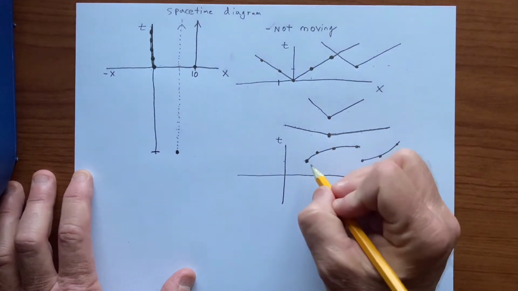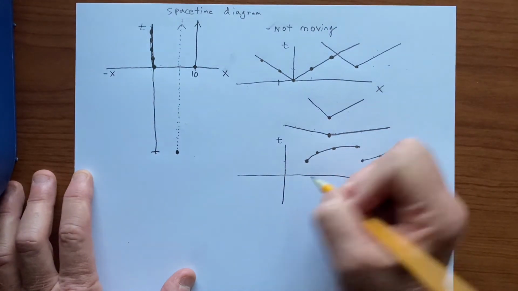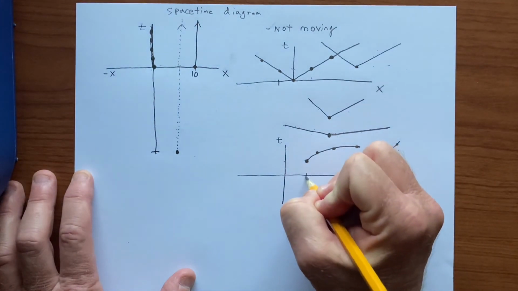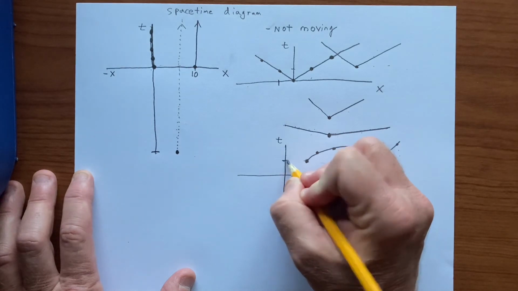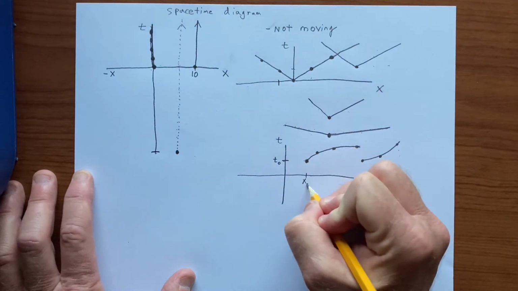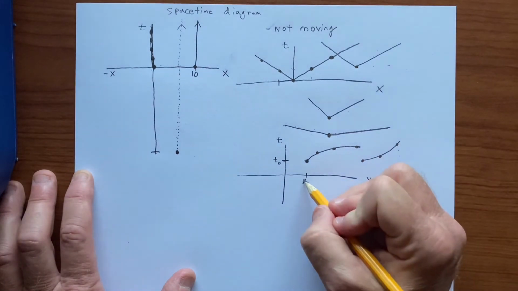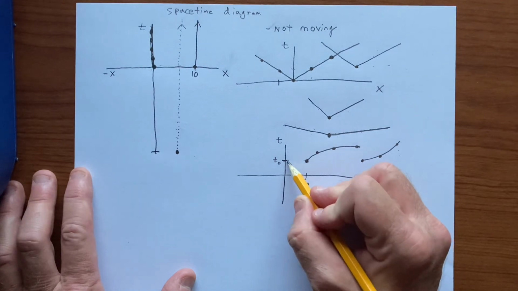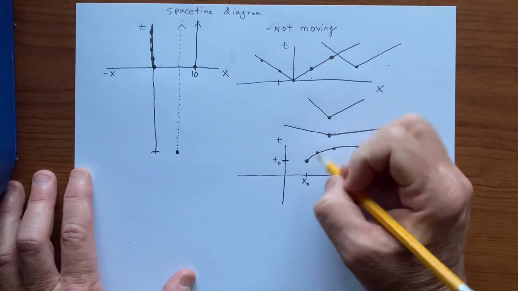So we can call things that happen at locations in space at certain moments in time, like this right here, events. There's some t, let's call it t naught, and some event occurring at x naught at a moment t naught. That's an event.